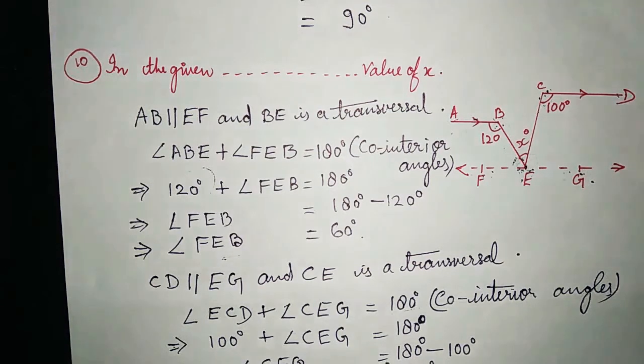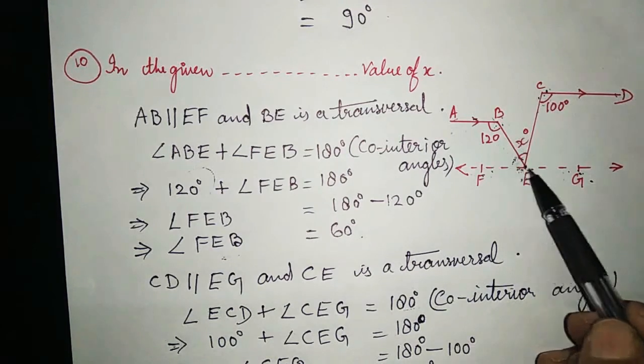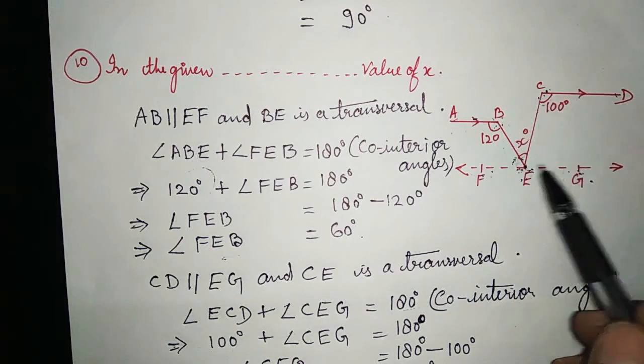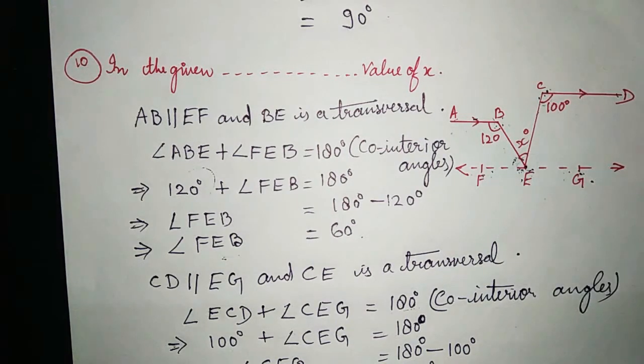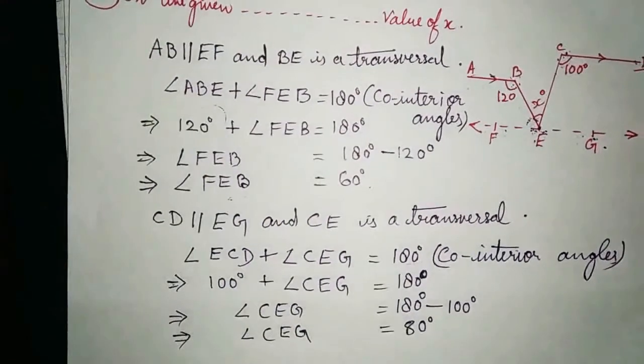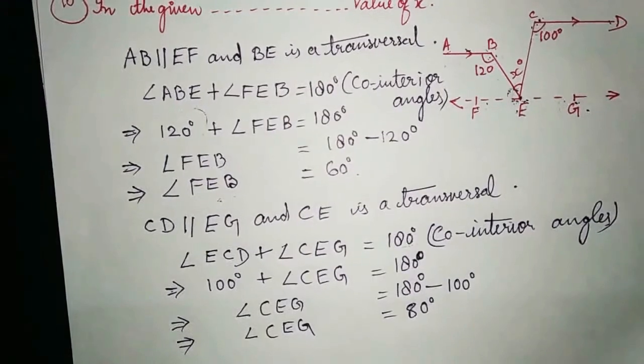Okay, now you can see these three angles are forming on this straight line. So for this, what we have to do?